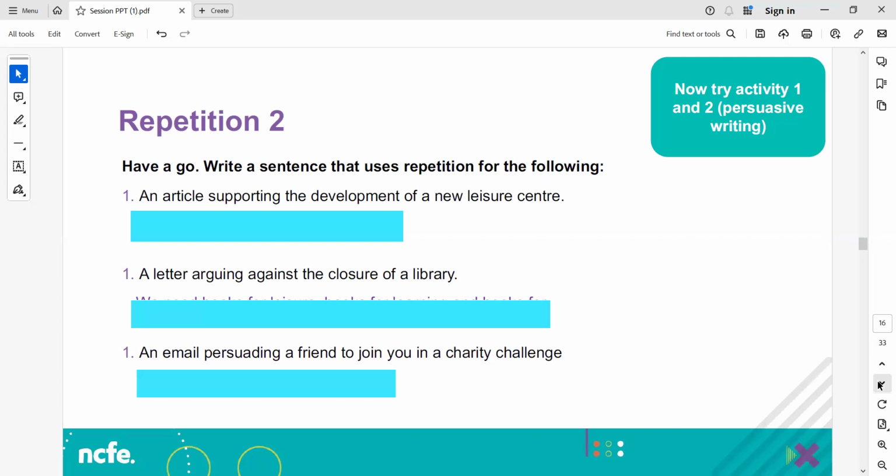So think of a sentence using repetition for the following: an article supporting the development of a new leisure centre. So why would we want a new leisure centre? Why would you go to a leisure centre? What would your aim be?